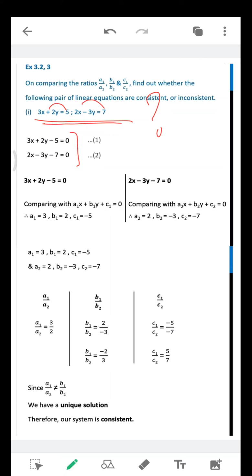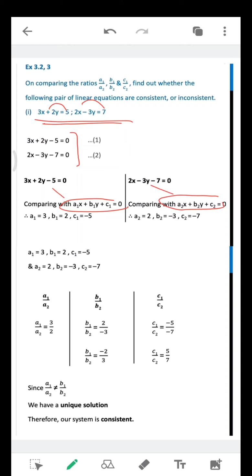I told you in the beginning of the chapter, the general form of a pair of linear equations is a1x plus b1y plus c1, and a2x plus b2y plus c2. So I'll compare the first equation with this and the second equation with this.